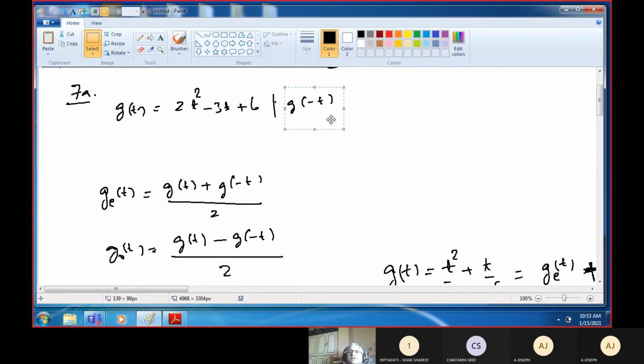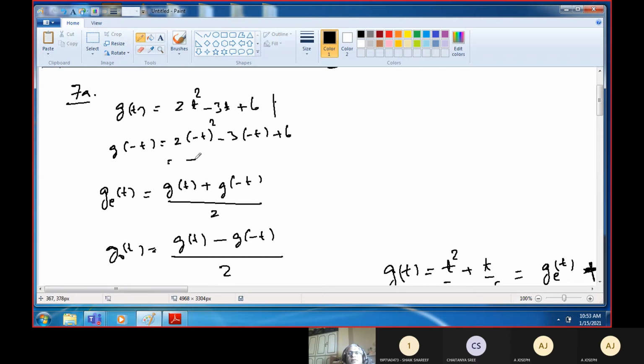Here, what is g(-t)? g(-t) is equal to 2 into (-t) square minus 3 into (-t) plus 6, which is equal to 2t square plus 3t plus 6. So this is how you get g(t) and g(-t).